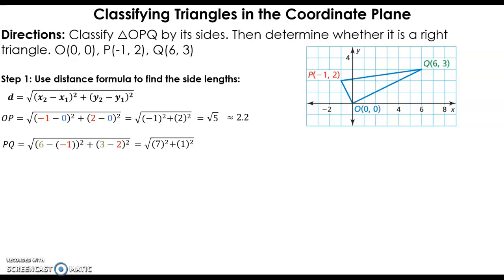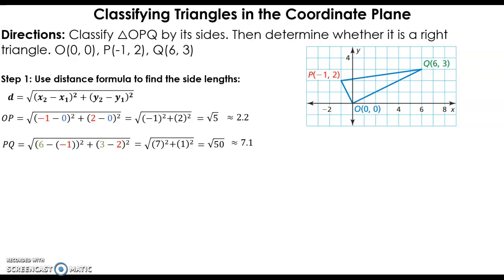So this will simplify to the square root of 7 squared plus 1 squared, which simplifies further to the square root of 50, and further to approximately 7.1. Okay, now what I want you to do is find the distance between OQ on your own and compare your answers with what I did.